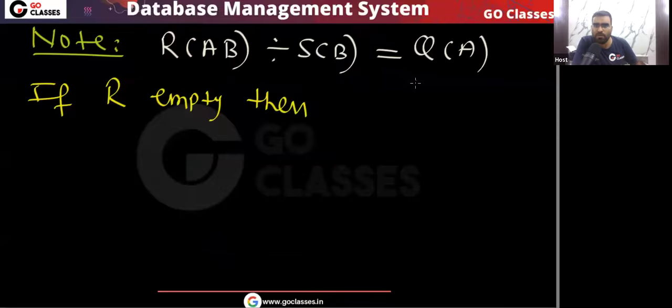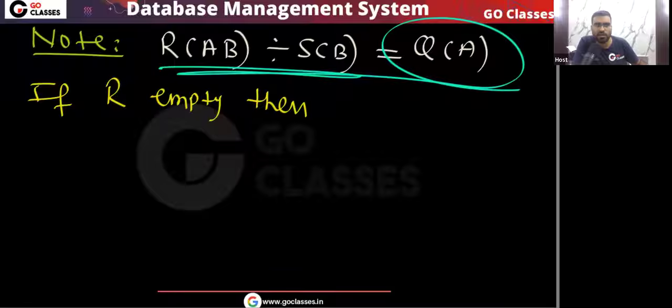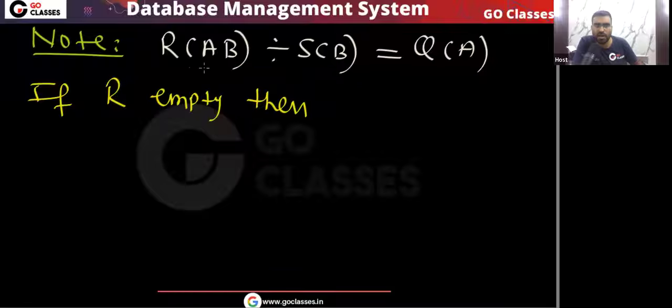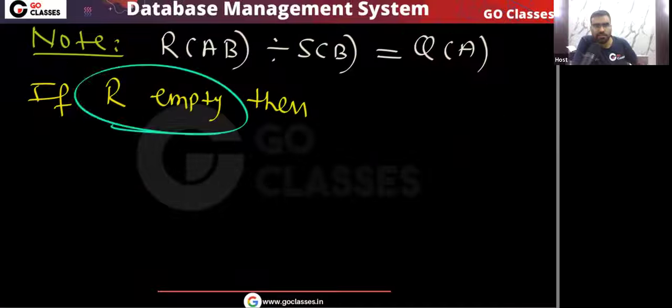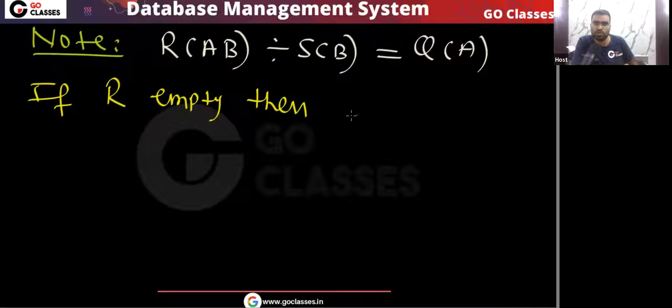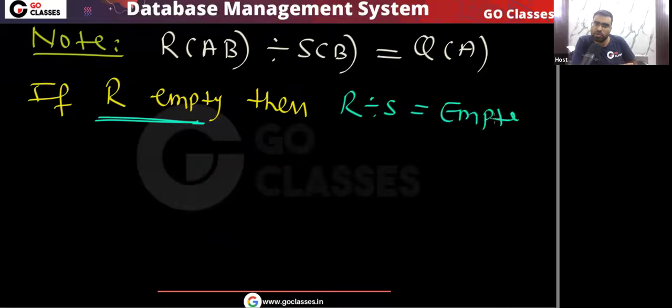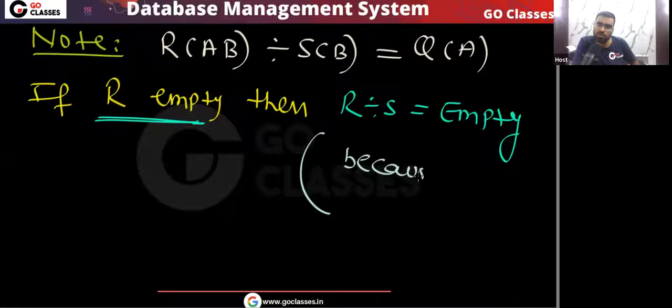Do I have any A value? If R itself is empty, is there any A value? There is no A value. So if R is empty, then R divided by S is empty, because there is no A value at all. Understood?